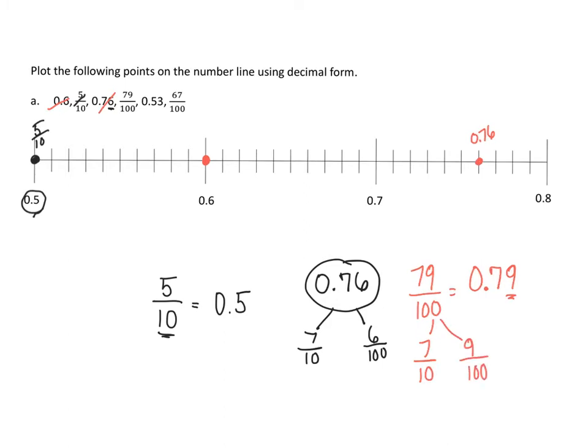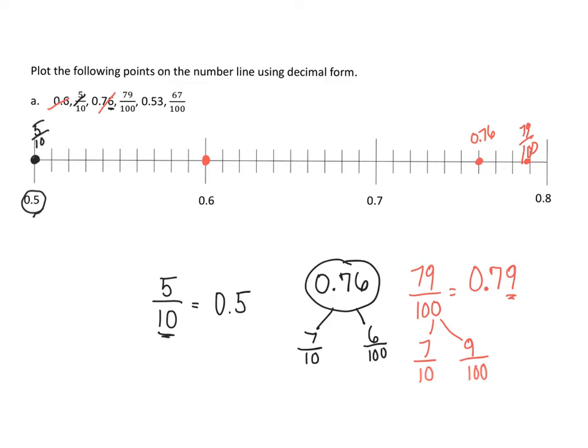So let's locate 7 tenths on the number line. Right here, 7 tenths. But then we have adding on 9 hundredths to that. So 9 hundredths is going to be right about here. So we are going to place our 79 hundredths over here. So this is 79 hundredths.